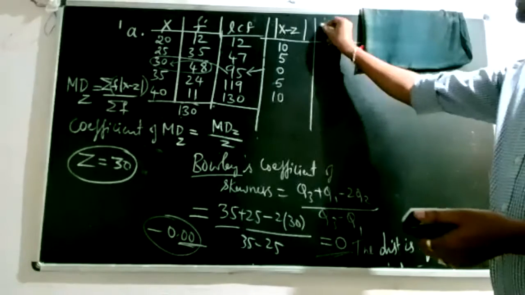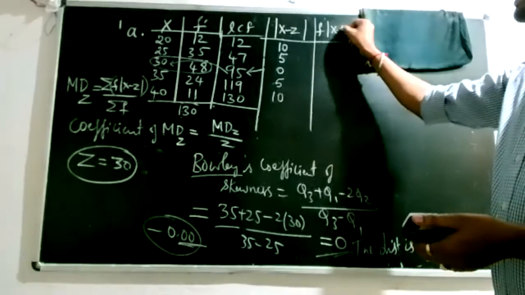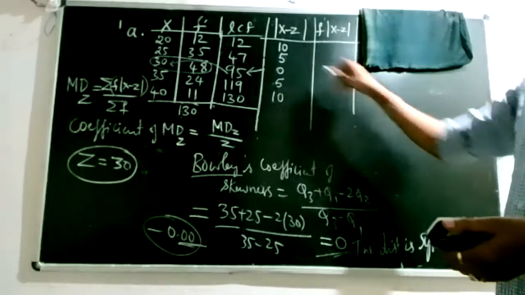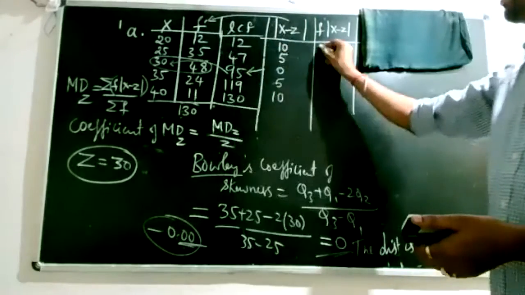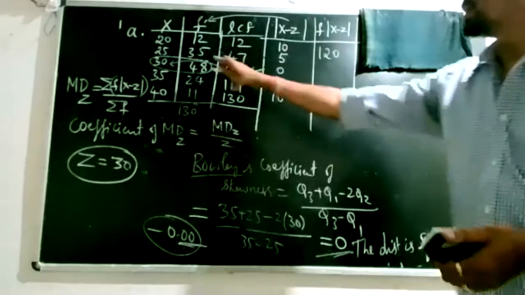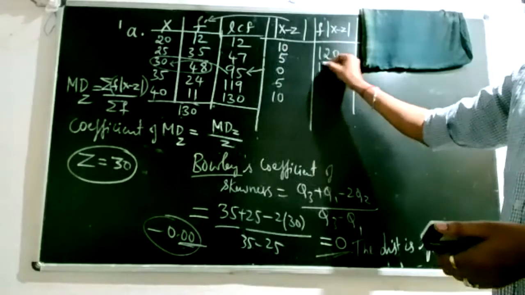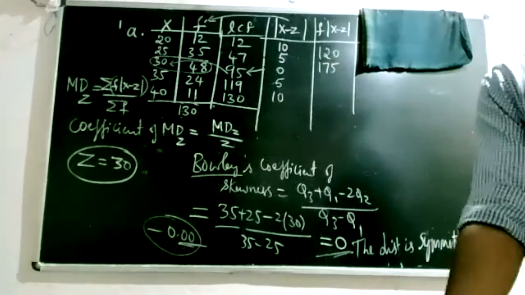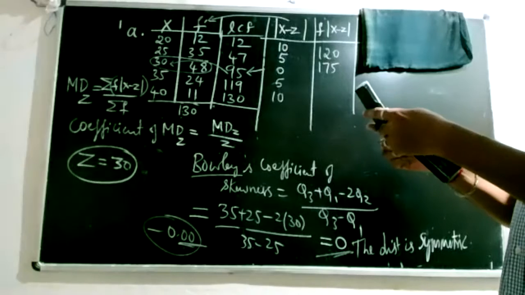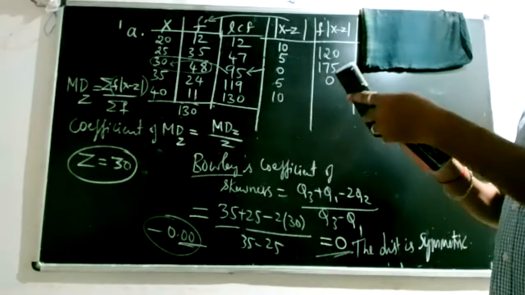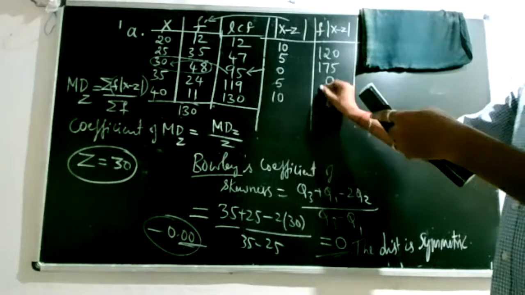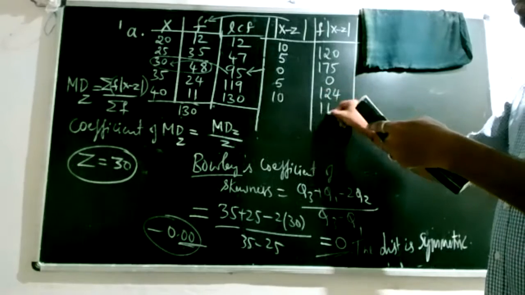Now do F into mod X minus Z. So every value of this is multiplied by F. 12 into 10, 120. 35 into 5, 175. Then 48 into 0, 24 into 5, which is 120, and then 11 into 10, 110.